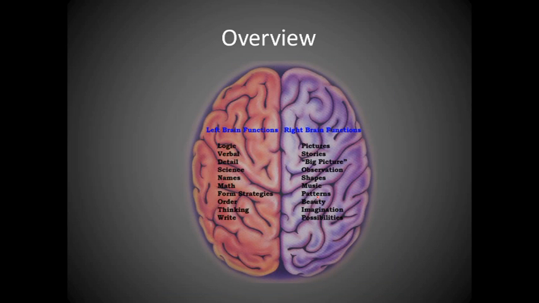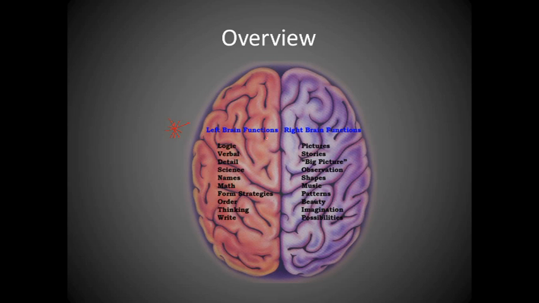Additionally, this is something that we kind of need to know, and I'd like you to put a star by this, because this will come in handy when you're looking at specific pathology and how the patient is being affected. We see the left brain controls logic, verbal, detail, science, math, names, forms, strategies, and is involved in order, thinking, and writing.